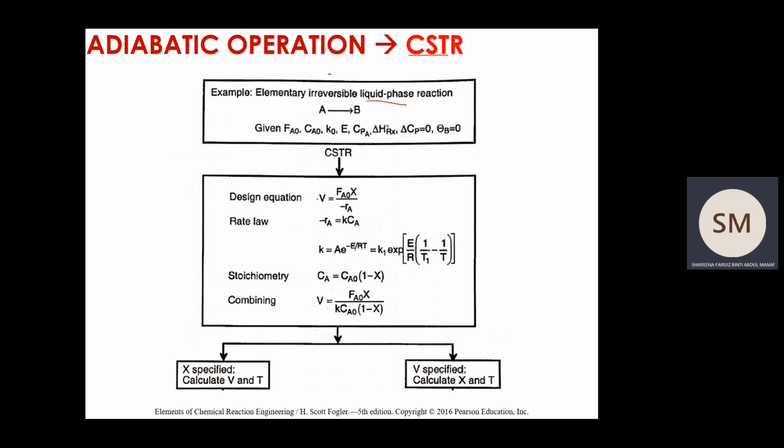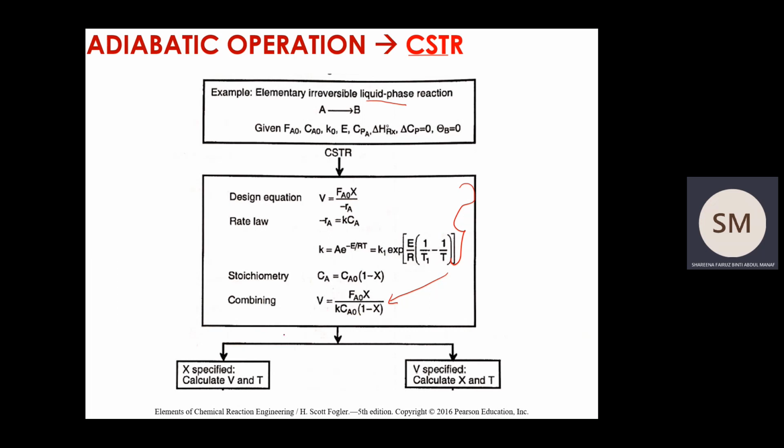In this case it is a CSTR, so V is equal to F_A0 X over negative r_A. The rate law is negative r_A equal to kC_A, whereby the k you have to refer to the Arrhenius equation, which relates with the temperature. This is the Arrhenius equation for the rate constant. Then we have the stoichiometry for C_A, which is C_A equal to C_A0 (1 minus X). So you have to combine these three into one equation: V is equal to F_A0 X over kC_A0 (1 minus X).